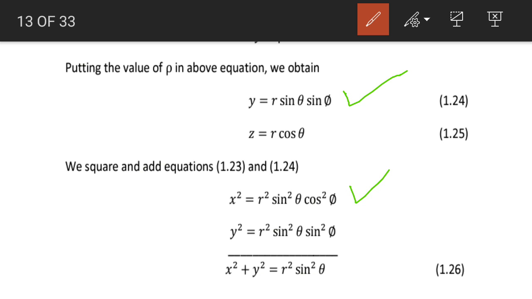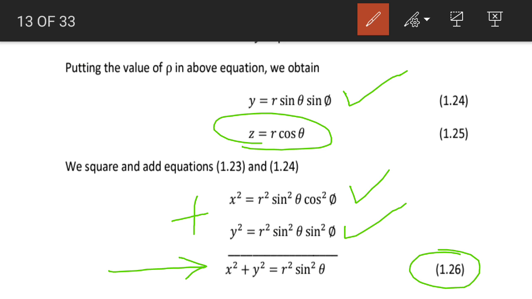So y square will be equal to r square sine square theta sine square phi. We add these two equations, and the addition results in x square plus y square, which is equal to r square sine square theta. So we consider equation number 26, and now we take the square of z. So z square will be equal to r square cos square theta.